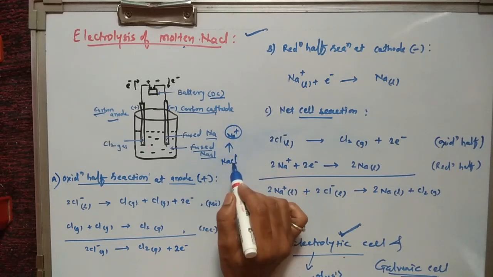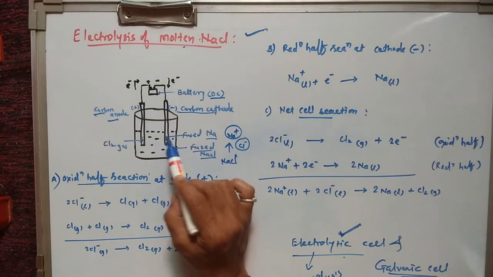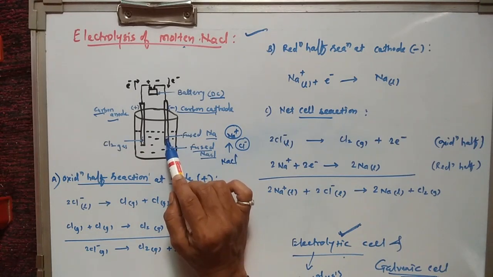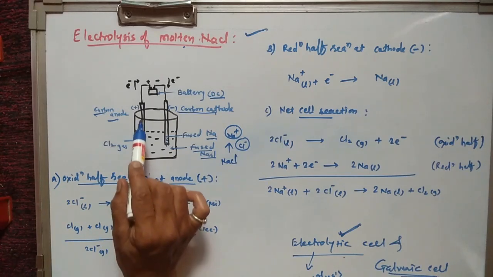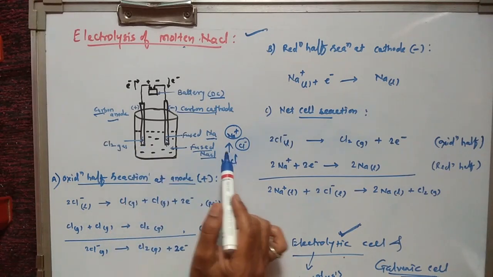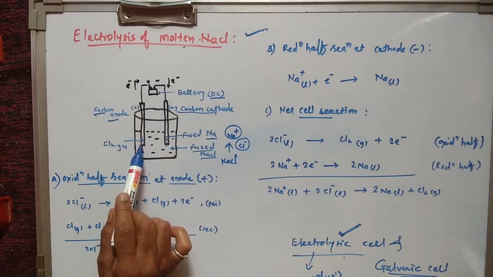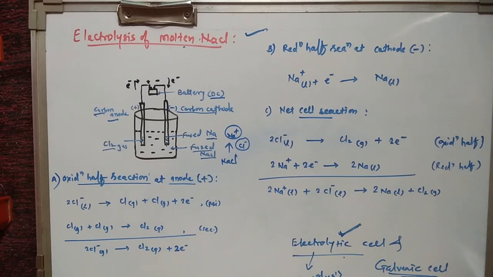Na plus ions of NaCl get attracted to the negative electrode, that is the cathode, and are discharged as neutral fused sodium, Na. Cl minus ions get attracted towards the positive electrode, and here these Cl minus ions are discharged as chlorine gas, Cl2 gas.